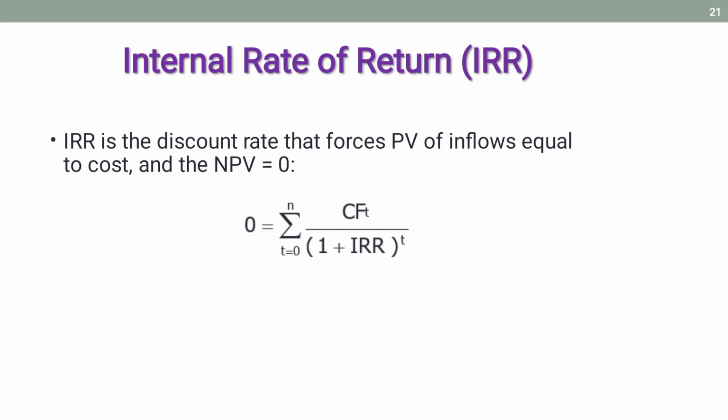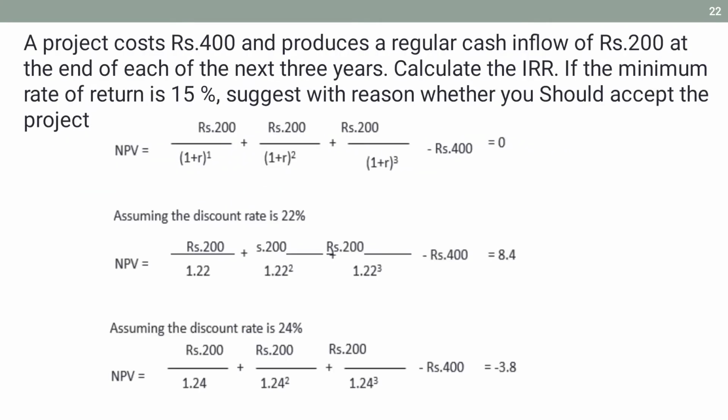IRR is the discount rate that forces present value of inflows equal to the cost, and the NPV becomes 0 at that point. NPV becomes 0, right? Okay, let me explain in the example.